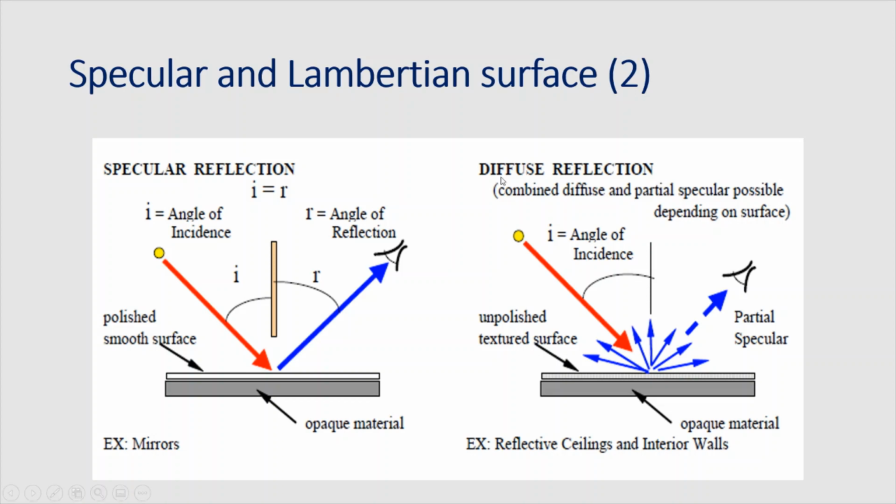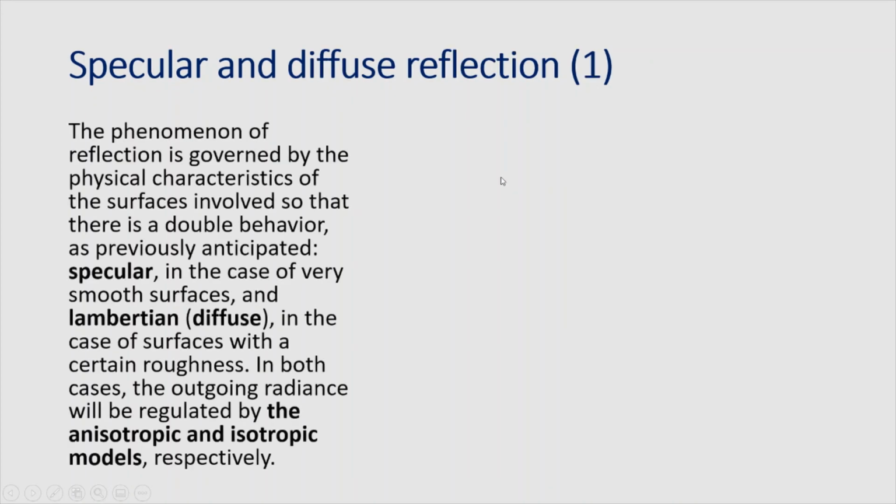All right, so let's go. The phenomenon of reflection is governed by the physical characteristics of the surface involved, so that there is a double behavior, as previously anticipated. Specular in the case of a very smooth surface, and this is very important.